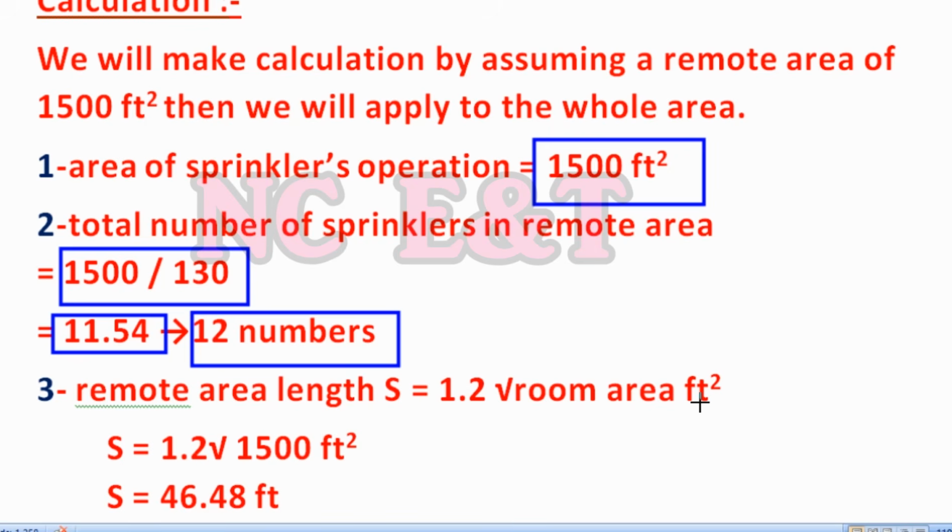So we have calculated the total number of sprinklers that will be used in the remote area we selected of 1500 square feet. Now we'll go for the next calculation.